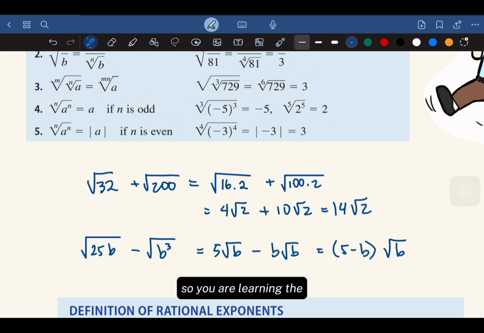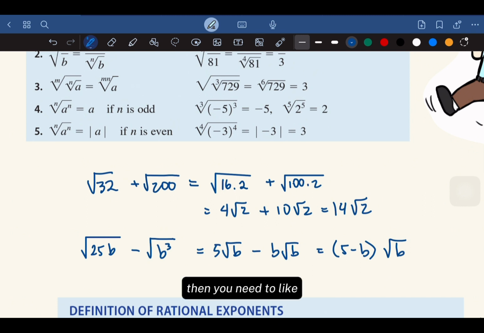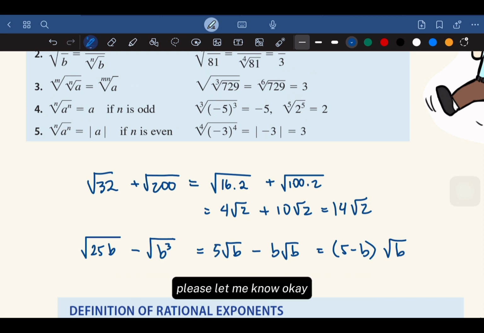So you are learning the integrals, blah blah blah, and then you arrive at a certain level where, because you are missing some points, you need to reset all together. So I don't want that to happen because it happens many times. Okay. So if you are having troubles or difficulty, just please let me know. Okay.